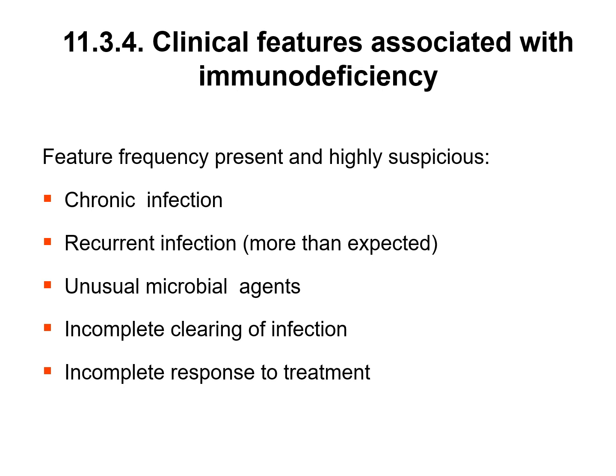Right, so clinical features, frequently present and highly suspicious. If there is chronic infection, recurrent infection, and unusual microbial agents that are affecting the person, incomplete clearing of infection, incomplete response to treatment, this would give the physician a clue that there may be an immunodeficiency.